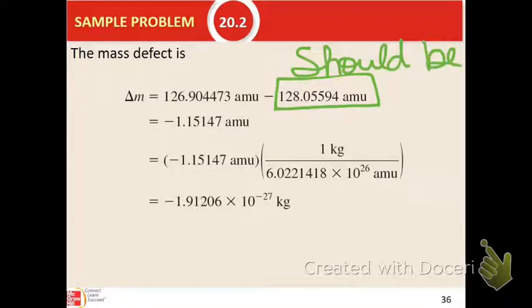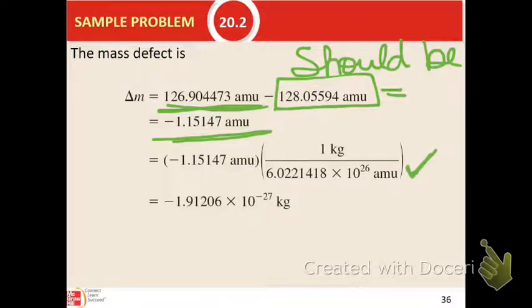This was what was given to us in the problem, in the sample problem, 126.904473 AMU. So if we subtract these two numbers, we're going to get a difference of negative 1.5147. Now, I will never ask you to know this, I will give it to you every time.